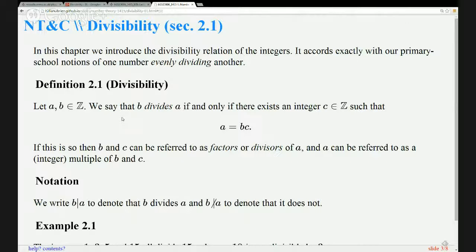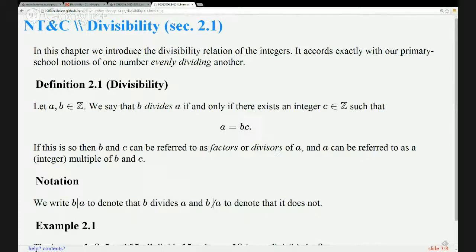Okay, so if this is so, we can say that b and c are factors of a or divisors of a, or b times c is a factorization of a into integers. And also we use the word multiple, so a is a multiple of b, and it's also a multiple of c.